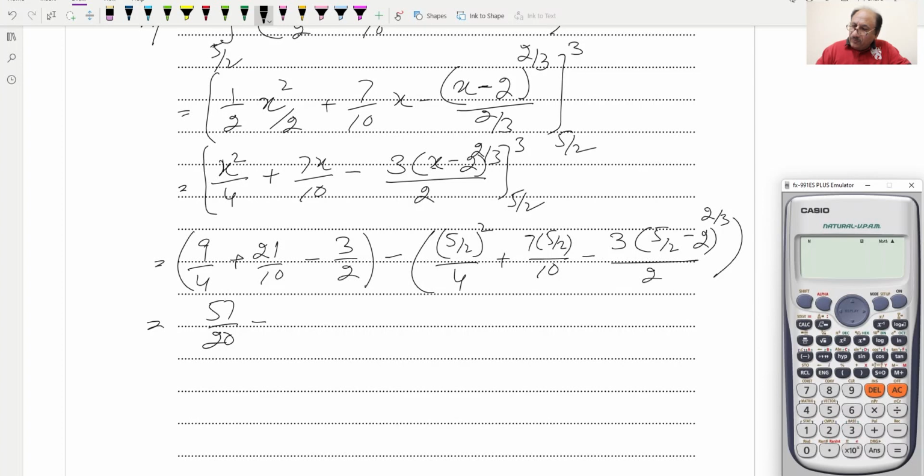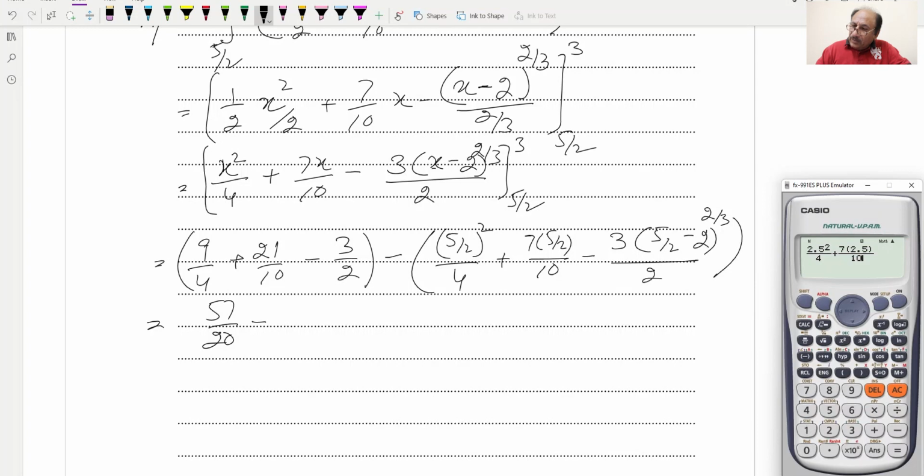So 2.5 squared over 4, and plus 7 into 2.5 over 10.